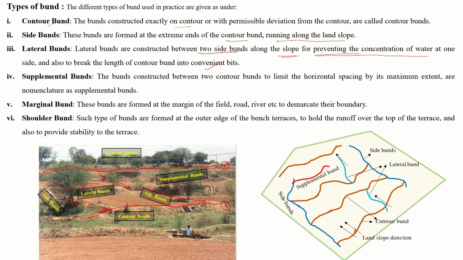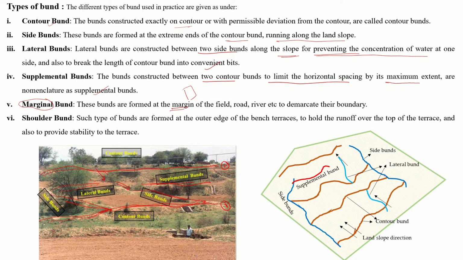And supplemental bund. Supplemental bunds are constructed between two contour bunds to limit the horizontal spacing to its maximum extent; hence the nomenclature supplemental bund. And marginal bund. The name itself indicates that marginal means the extreme end, which acts as your margin, that is, your boundary.